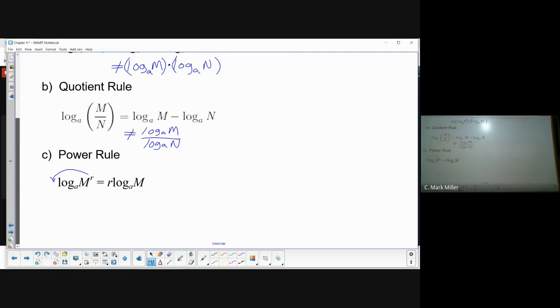And lastly, this is the power rule. The log of m to a power is the power times log m. You can take an exponent up there and bring it down front. We're going to be using those.